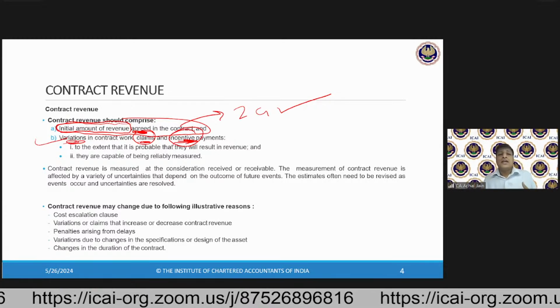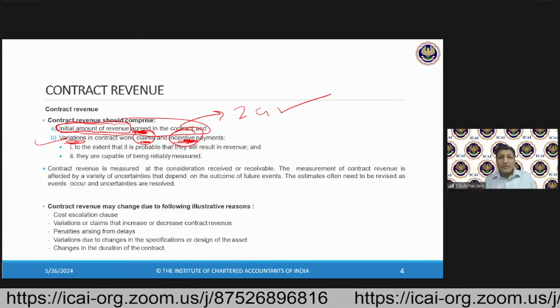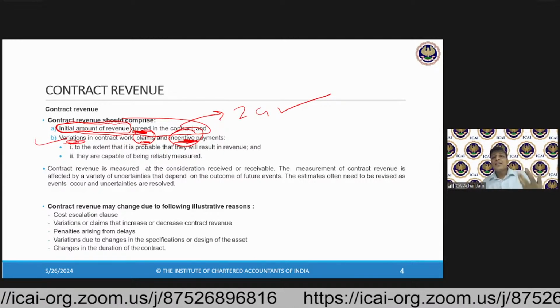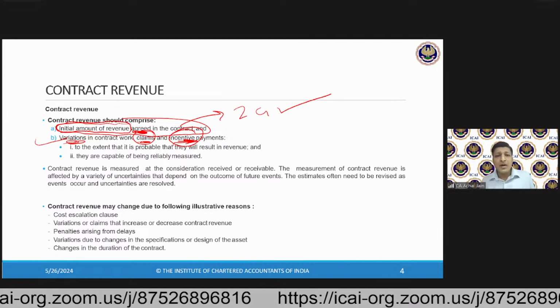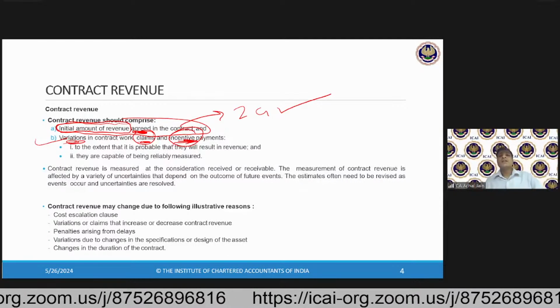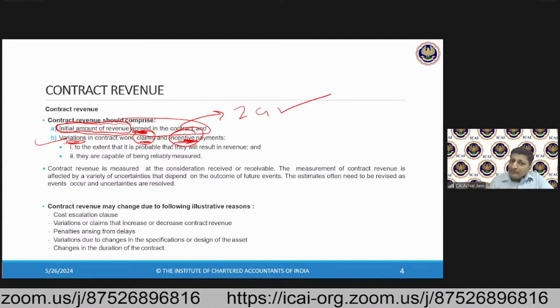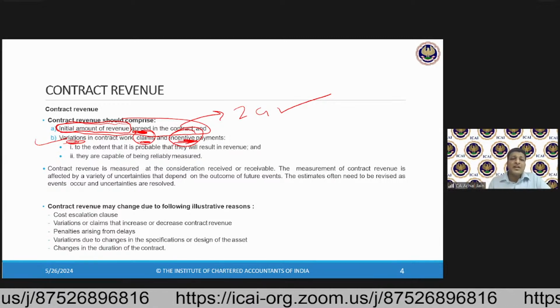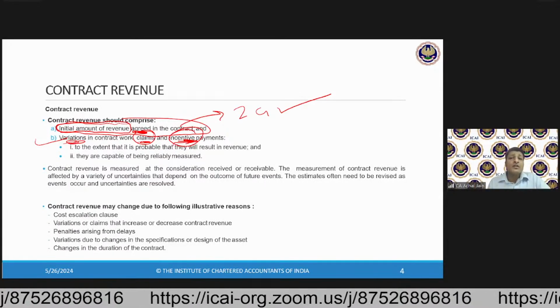Probable means there are chances that this money will be received. Okay. Only when they are considered realizable, then they will be considered as revenue, otherwise not. Okay. So one will have to assess whether this money will be received or not.